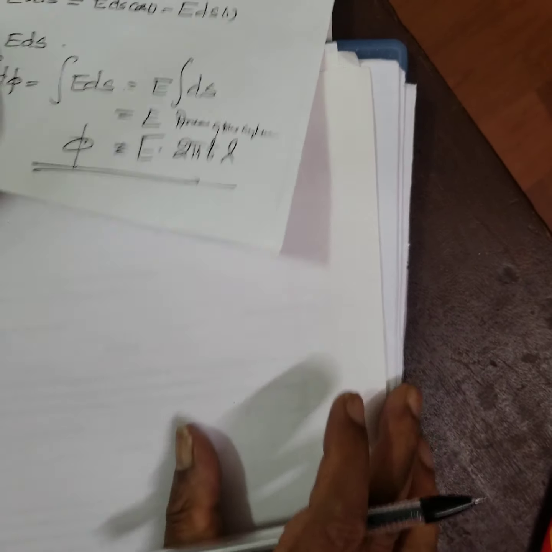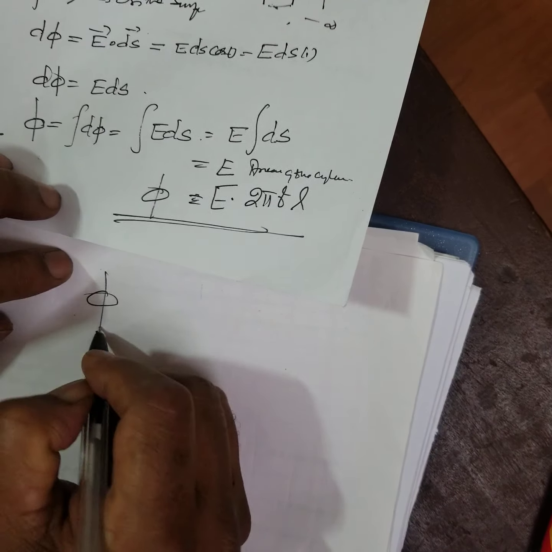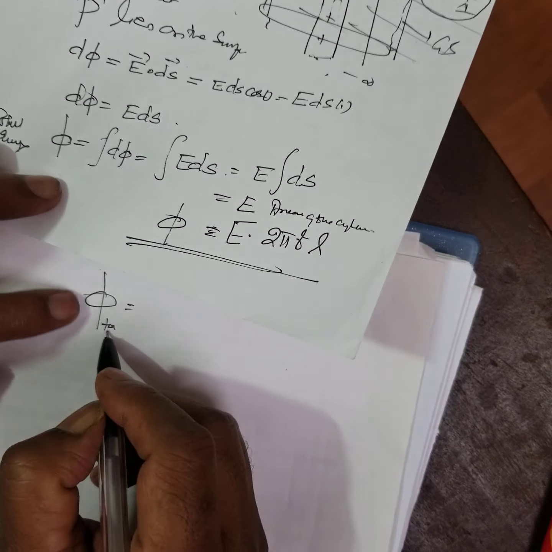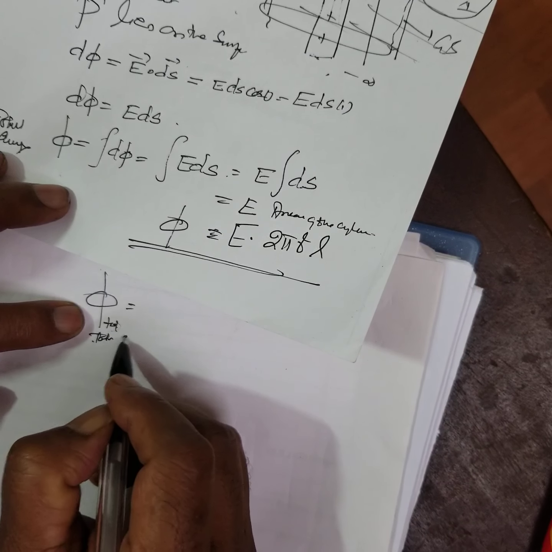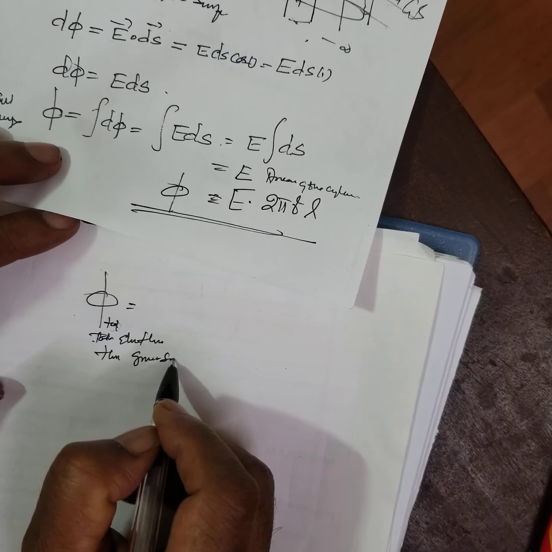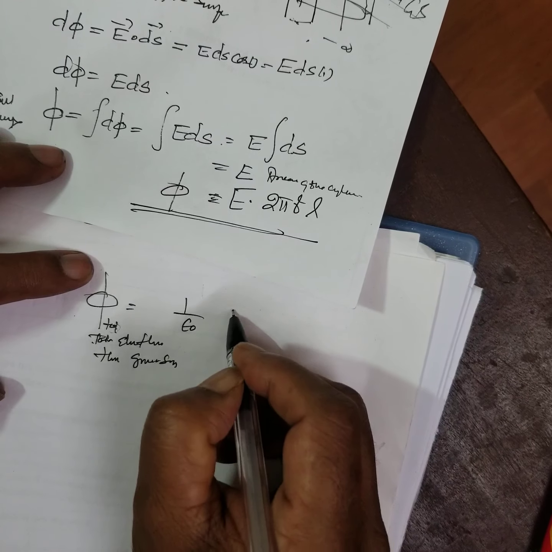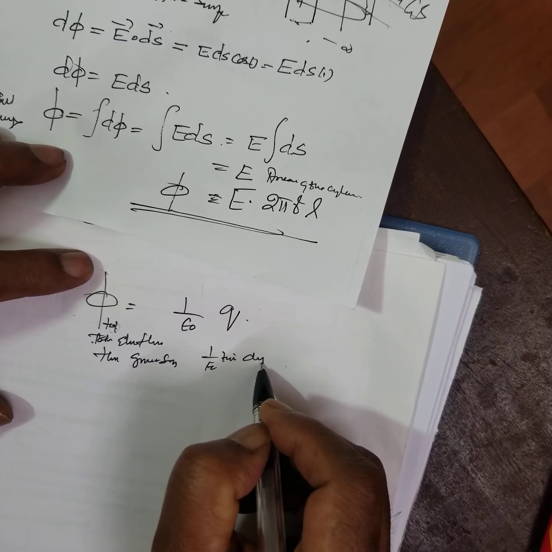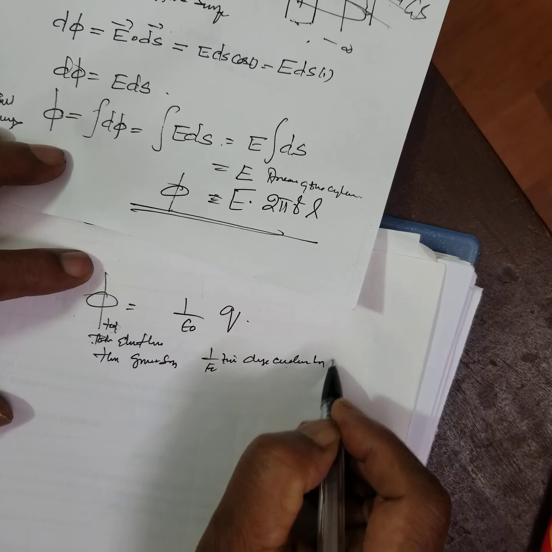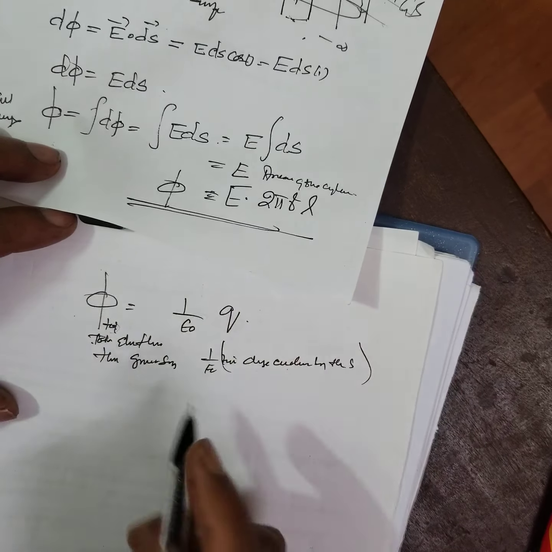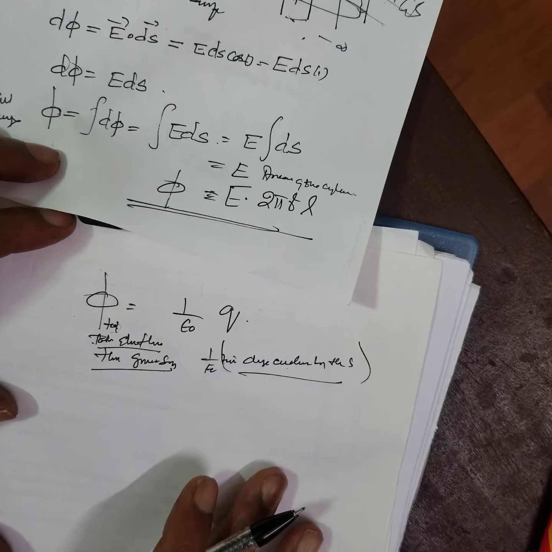Now, according to Gauss theorem, the total electric flux through the Gaussian surface is equal to 1 by epsilon times the charge enclosed by the surface. After listening to this video, write in very clear handwriting so that the examiner will understand.